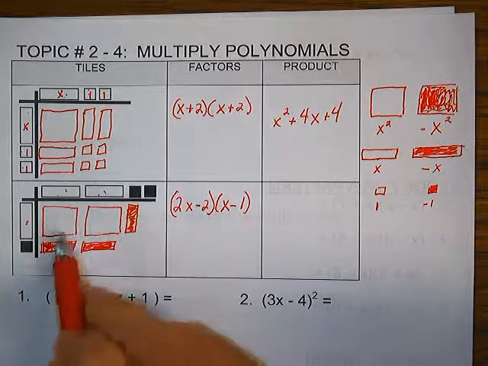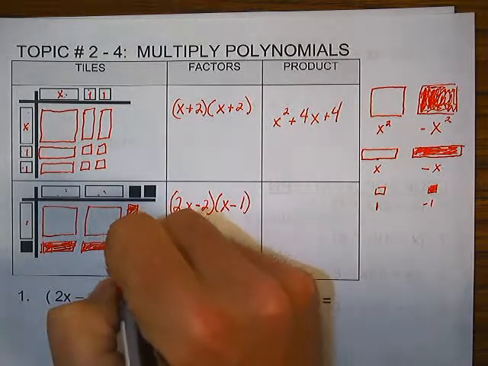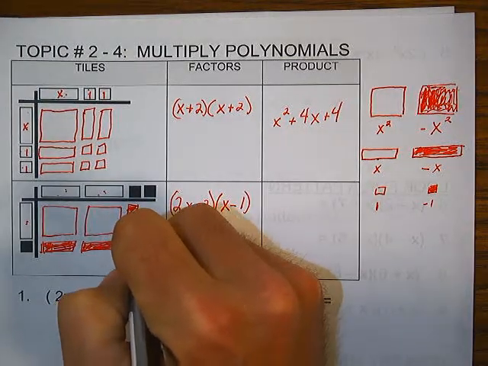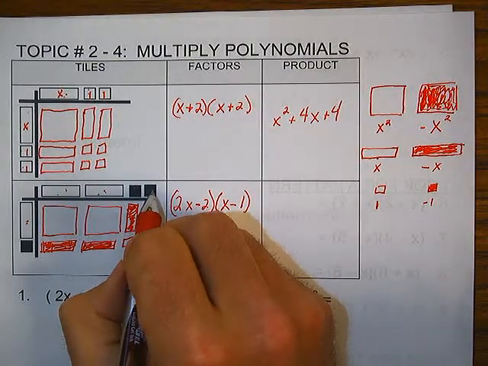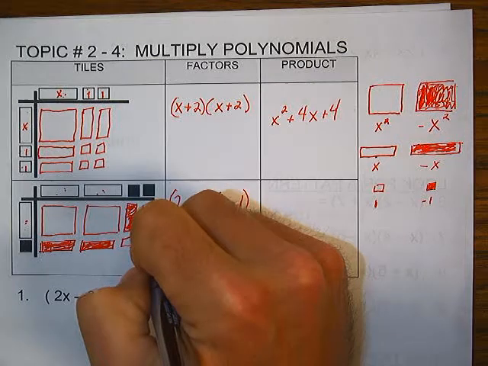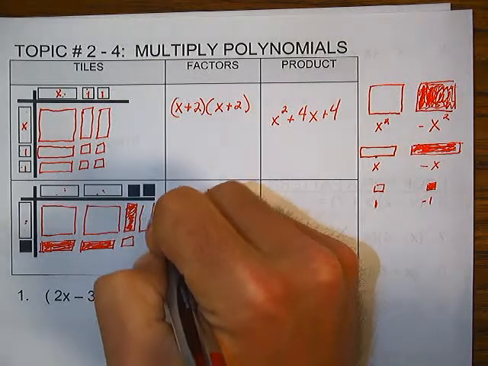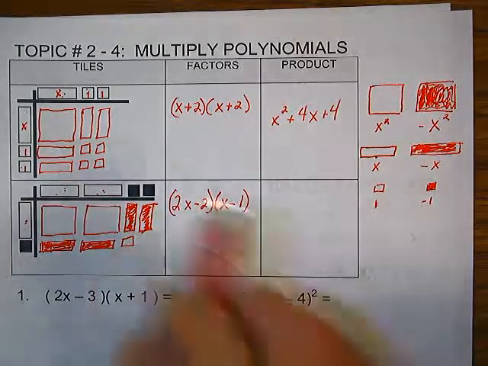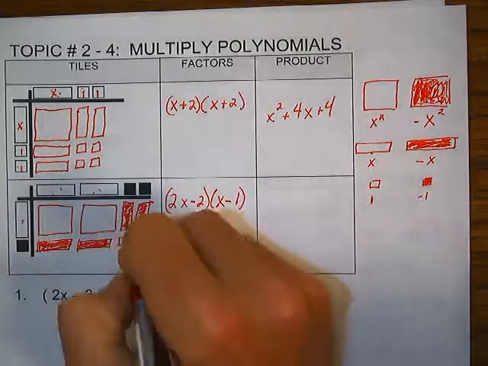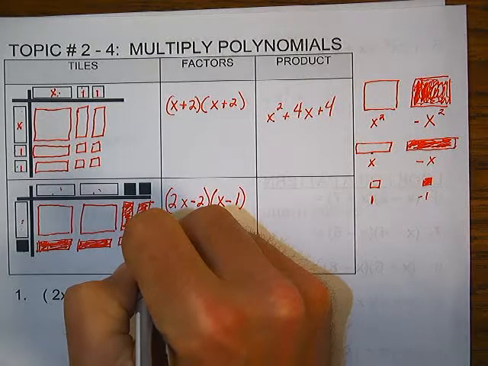And then negative 1 times negative 1 is, a negative times a negative is a positive. Then the last one, negative 1 times x is negative x. Then negative 1 times negative 1 is positive 1.